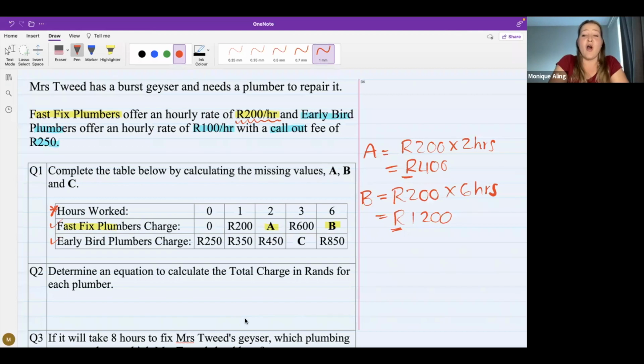Sayanda, you are halfway there. There's another fee that's involved. Remember, Early Bird Plumbers have 2 costs involved in their calculation. There we go.